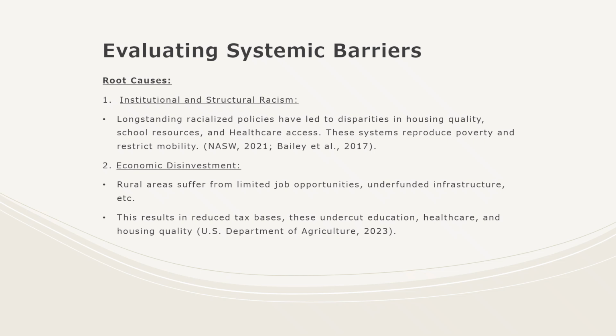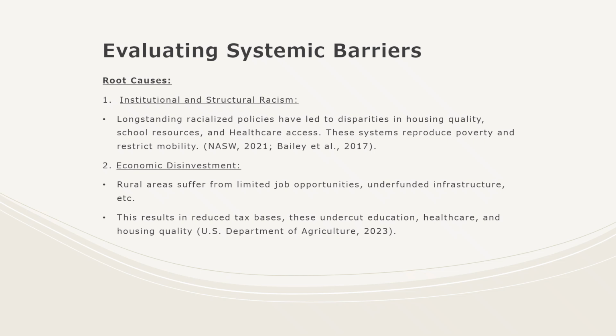When you evaluate the systemic barriers, we have to look at the root causes of this. One is institutional and structural racism, which, if you have long-standing racialized policies, these can lead to disparities and differences in the quality of the housing, available school resources, and healthcare access.